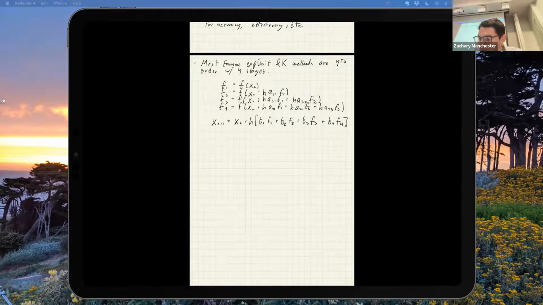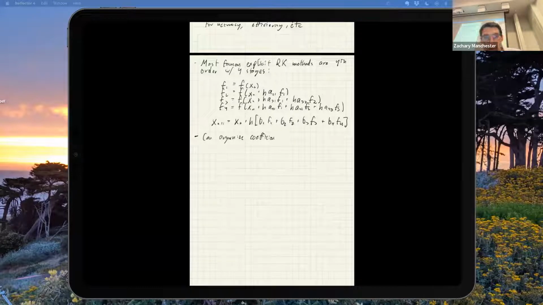The thing that is worth knowing about those, which I call A's and B's, is this thing called a Butcher tableau. Has anyone heard of this before? Okay. You'll see this if you ever try to look up a Runge-Kutta method.